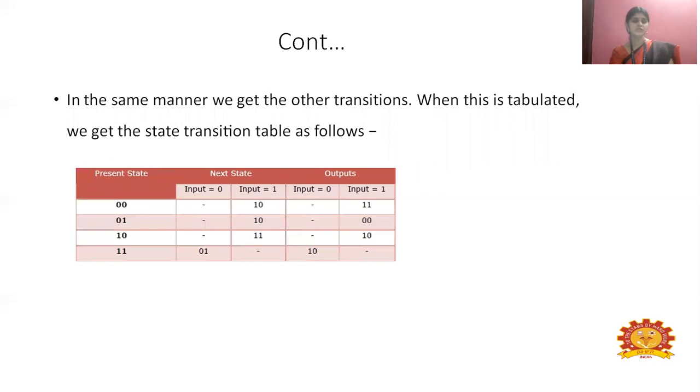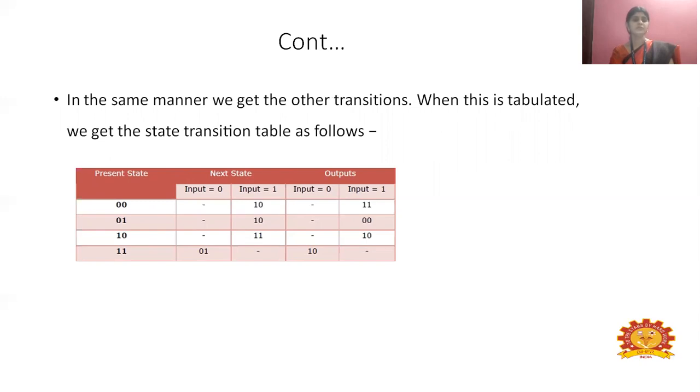So if all these are tabulated, then the state transition table is as follows. Initially the present state is 0, 0. If the input 1 is given, then it changes to the next state 1, 0, and the corresponding output of the encoder will be 1, 1.